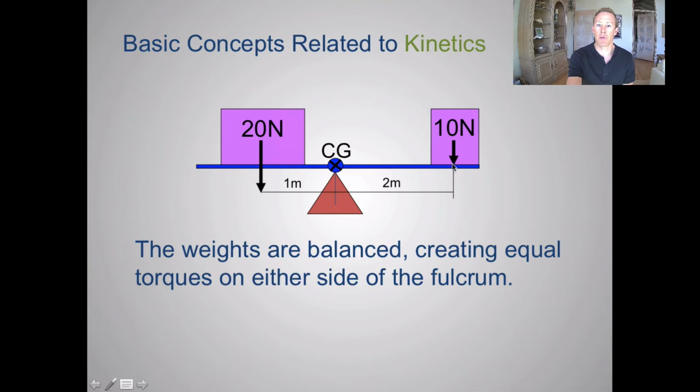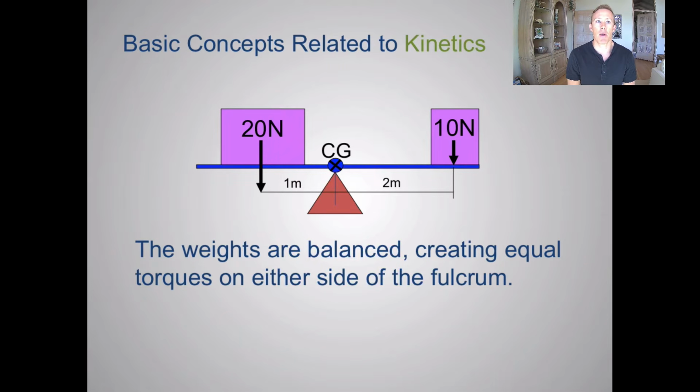These are different forces, but because they're at different perpendicular distances from the axis, they end up balancing each other, right? So on this side we've got 10 newtons over 2 meters, so we've got 20 Newton meters, and over here we've got 20 newtons at a meter away from the center of gravity, so we still get 20 Newton meters.